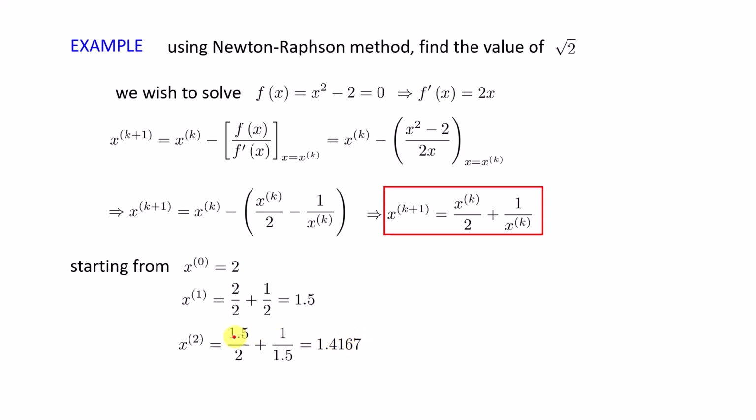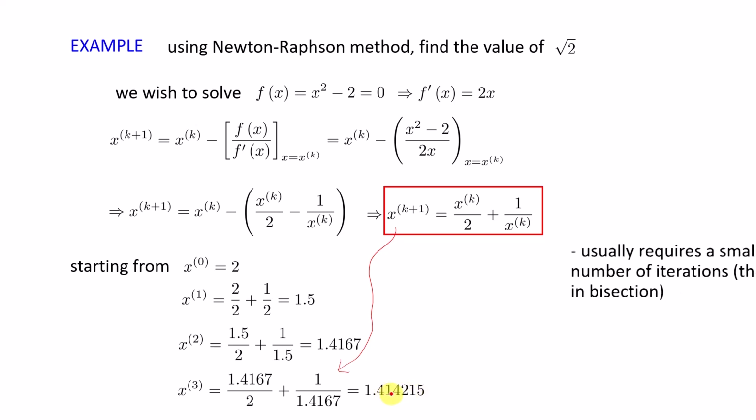You can see that immediately after the second iteration we are closing toward the root. Third iteration is 1.4167 by 2 plus 1 by 1.4167, using once again this same prescription of x_(k+1) equals x_k by 2 plus 1 by x_k, and we come here, 1.414215, which is very close to the number that we remember.